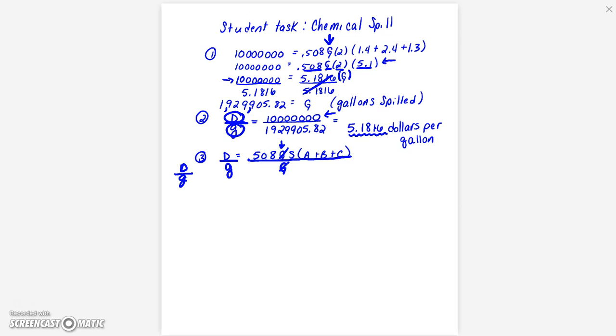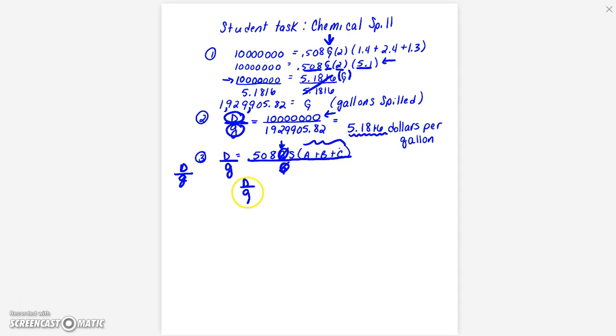Because no matter what's in the parentheses, I'm still multiplying this whole parentheses by everything else. So I'm multiplying the parentheses times S times G times 0.508. So as long as they're only multiplying and I have G on the numerator and a G on the denominator, they cancel out. And then I have also dollars per gallon on the left-hand side, which is exactly what the question wants. So let's rewrite it.